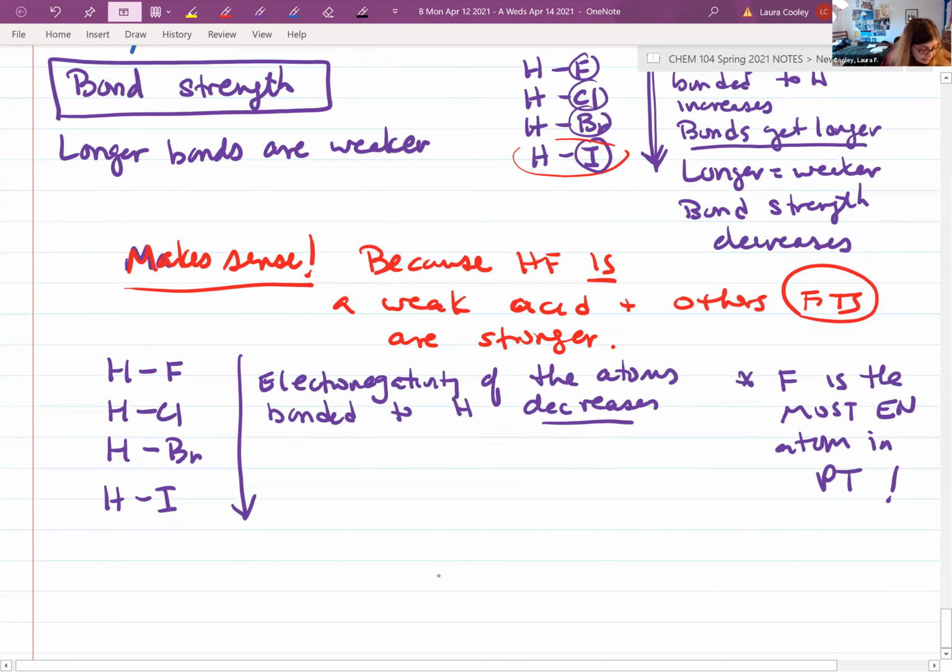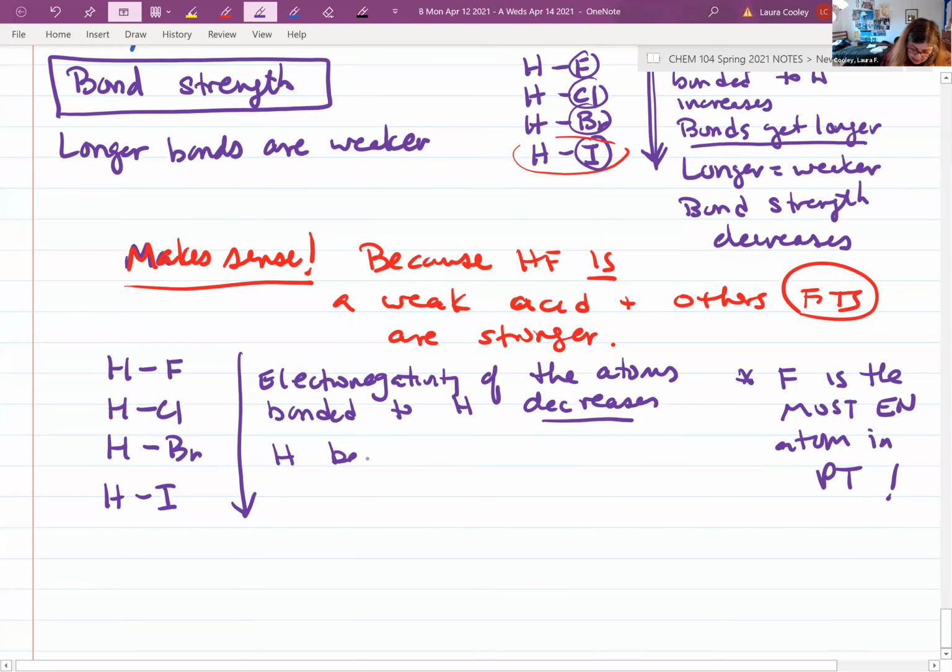So that means that the H becomes less delta positive as you go down this periodic table. So this would make the acids less strong, right?